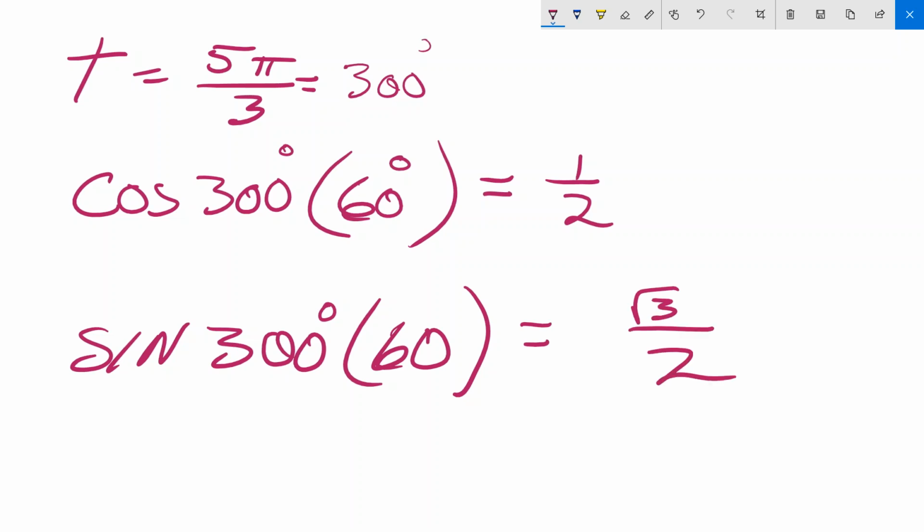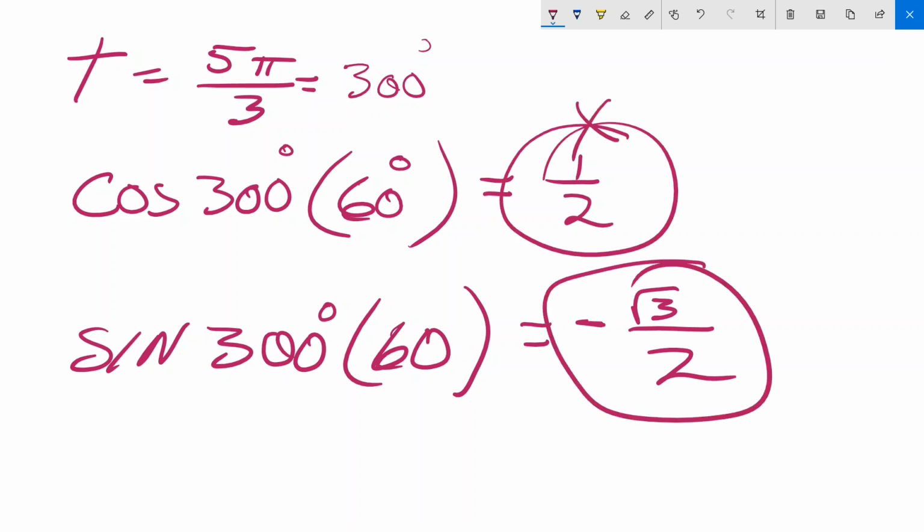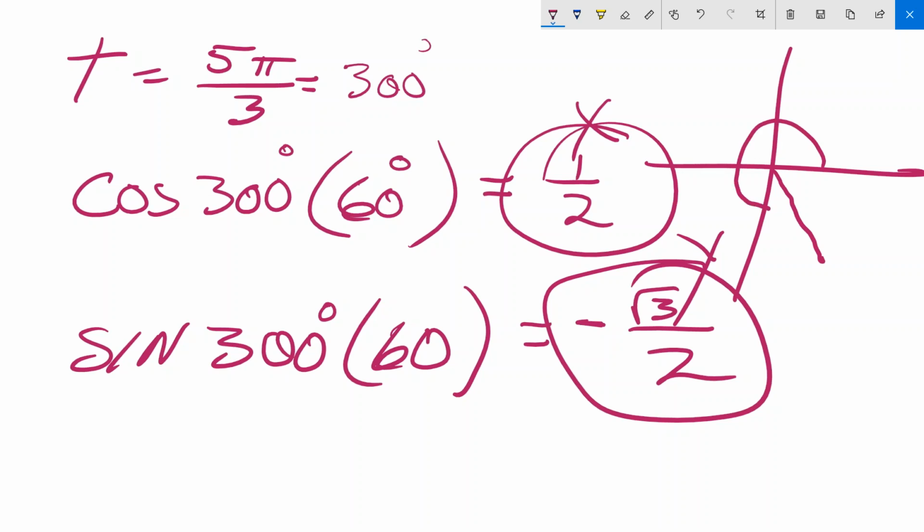And what is its plus or minus sign? There you go. That's the x-coordinate. That's the y-coordinate. So if I'm drawing that on the unit circle, I've got my ray coming down like that. They're talking about that angle, which is 5 pi over 3 or 300 degrees.